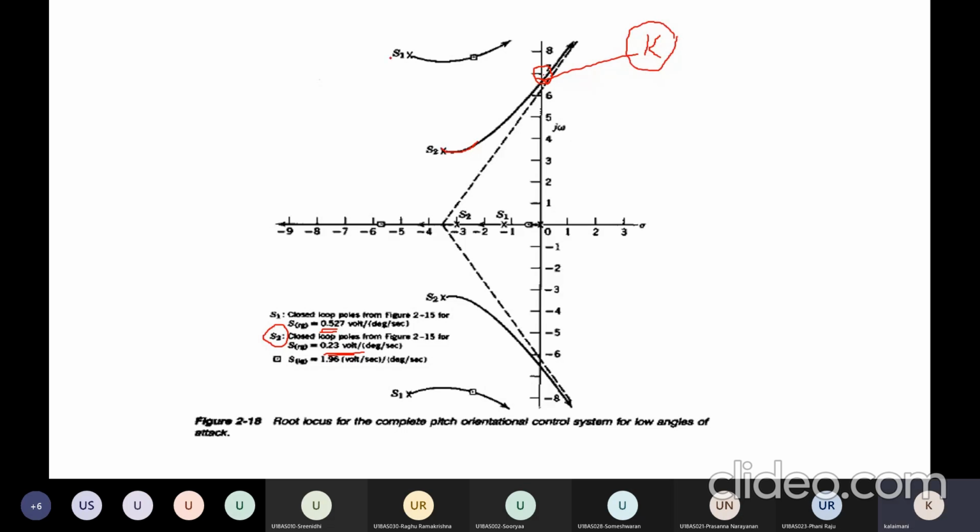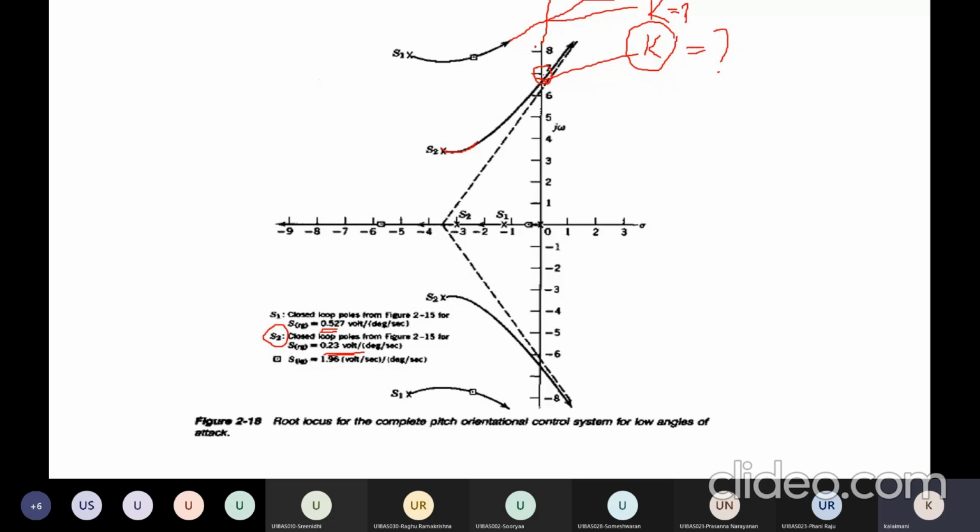In the same way, if you look at the S1 root locus branches where the rate gyro sensitivity value is 0.527, the root locus branches move in this direction and may cross the imaginary axis at this location. Therefore, at this location, your gain value may be higher.